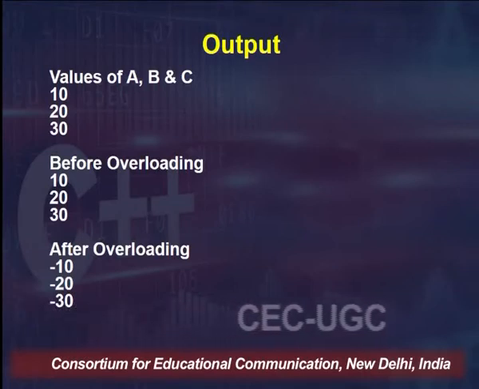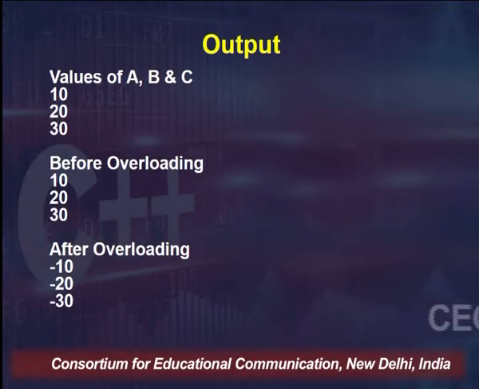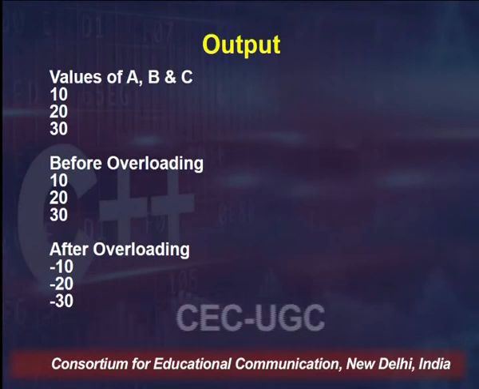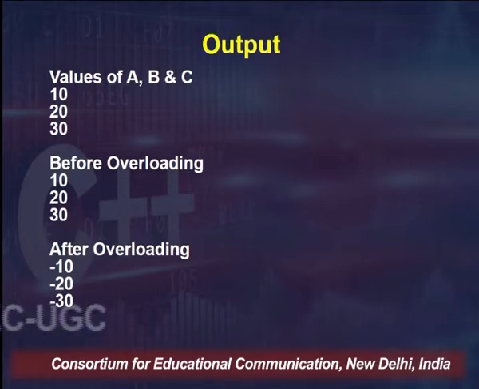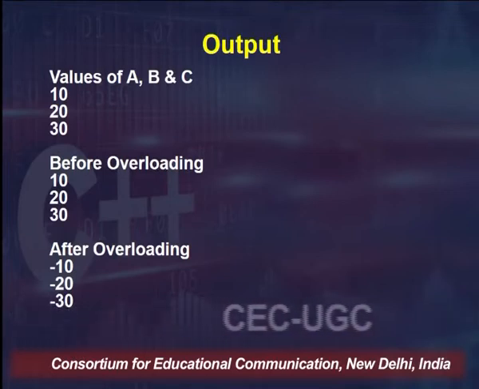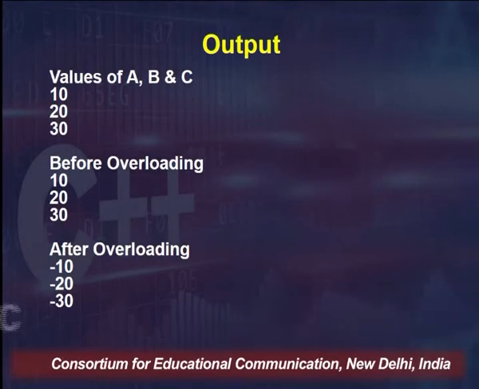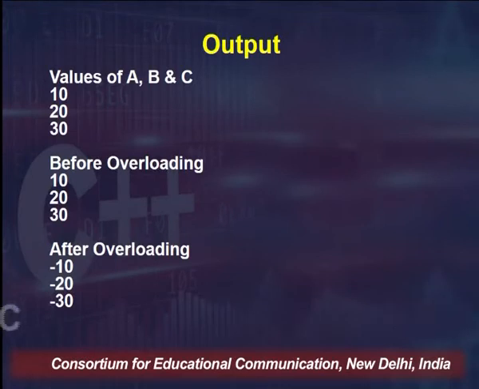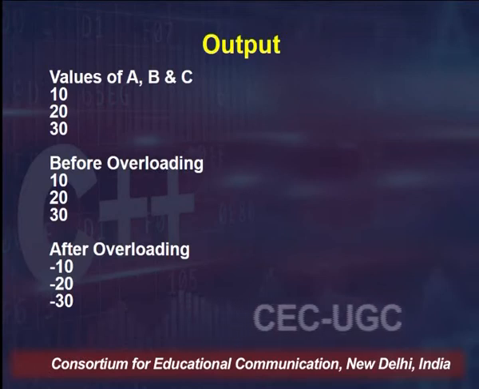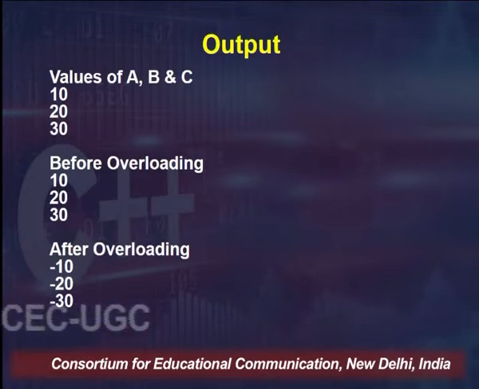So before overloading these values were 10, 20 and 30, and after calling the overloaded operator function using minus x1, it negates the values of A, B and C, so after overloading it will come as minus 10, minus 20 and minus 30, and this is the desired output we were looking for.